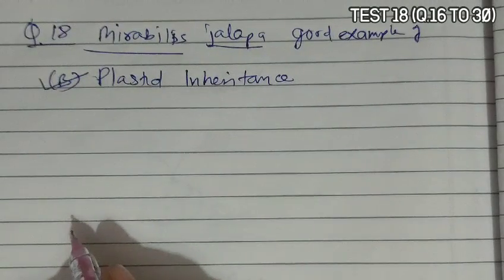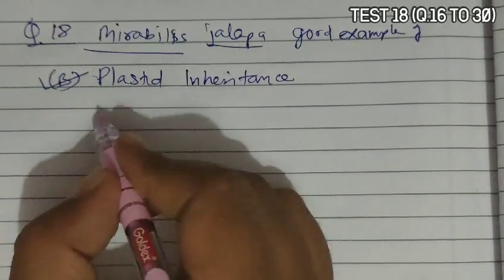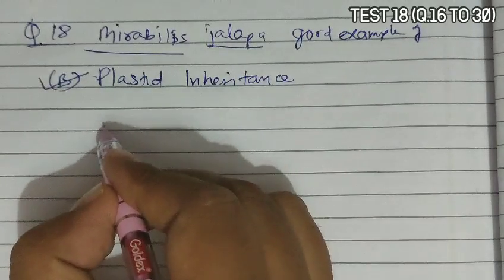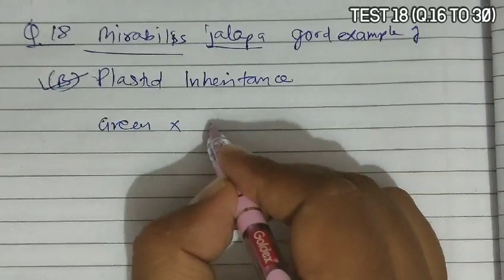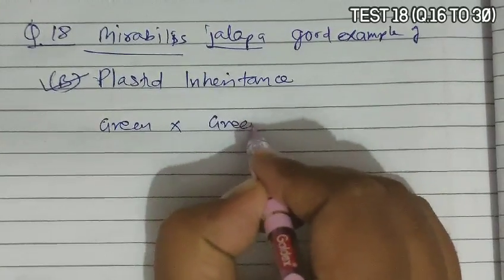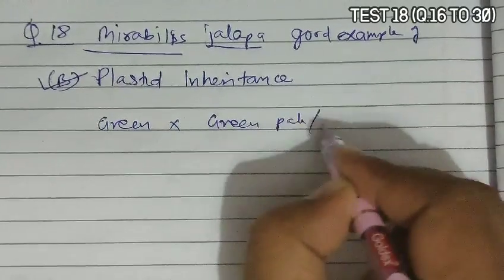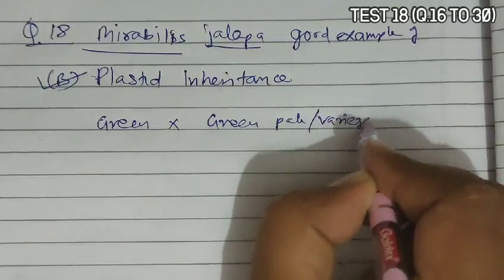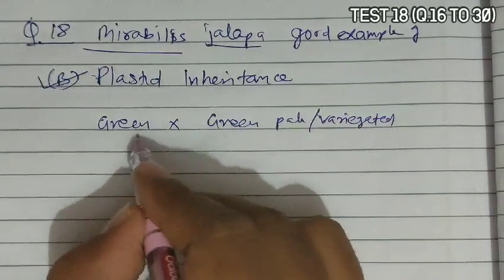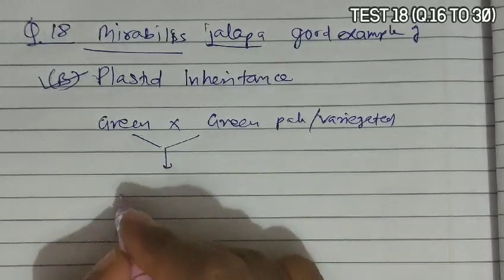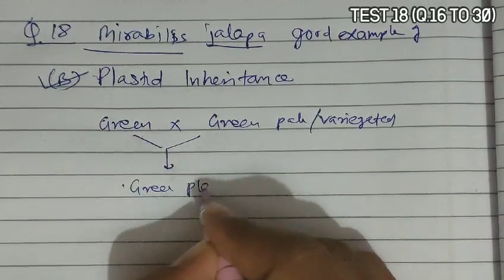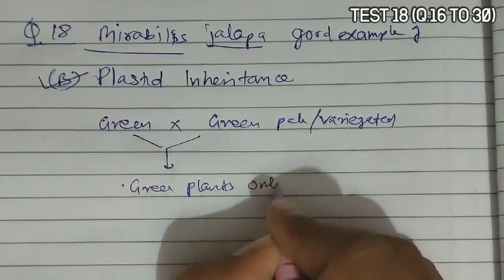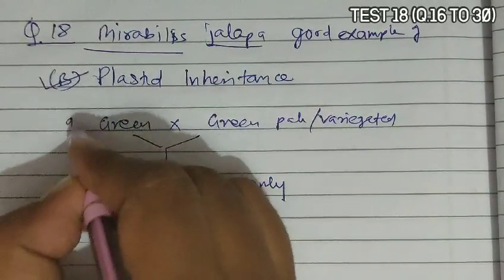Because if we talk about the crosses of plastid inheritance, you can see that if we take a green branch and cross it with a green, pale or variegated branch, then the color in the next generation will be F1 green plants only. So that is the first cross.